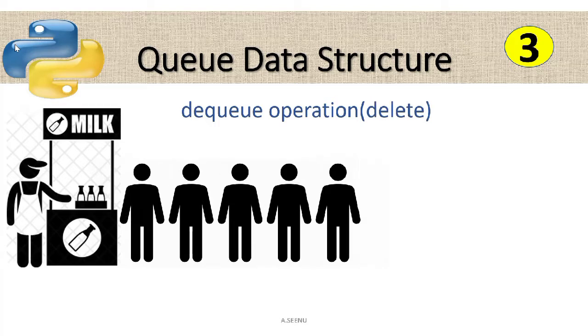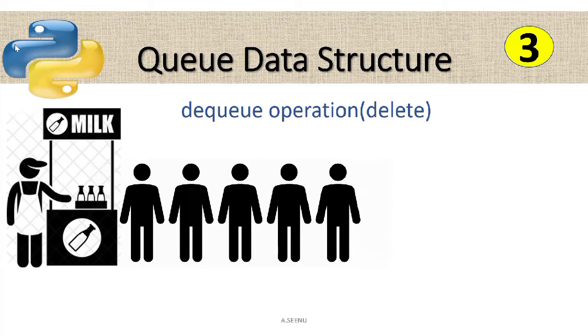Now I want to show what a dequeue operation is. Dequeue means you have to remove an element from the queue. In a queue, the elements are inserted at the end and deleted from the front. The end point is called the rear and the beginning of the queue is called the front. Just look at this. The first person has taken the bottle, so he will leave the booth.